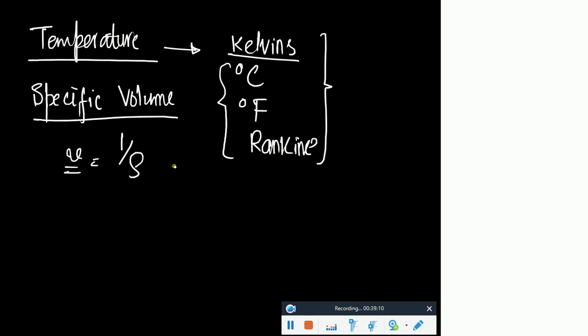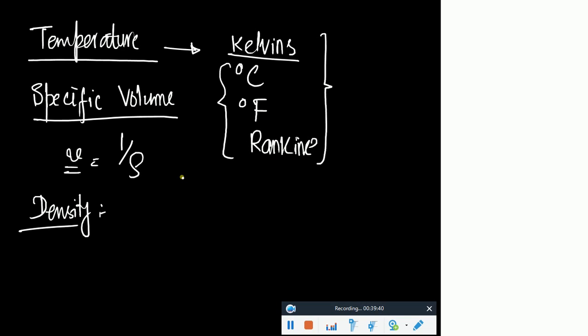So let me define density from an engineering perspective, and then we would see what that specific volume is. Is density an intensive property or an extensive property? It is an intensive property.